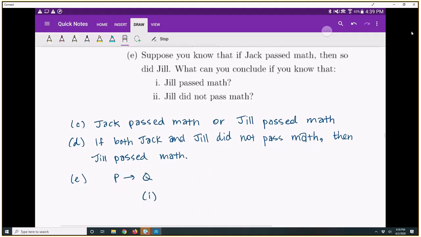So our proposition is if Jack passed math, then Jill passed math. Knowing that Jill passed math doesn't really tell us anything. Jack still could have passed or he could have not passed. So we'll say Jack may or may not have passed.